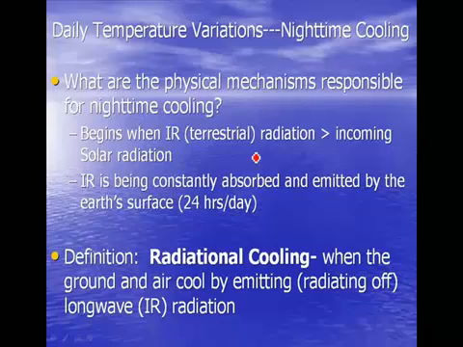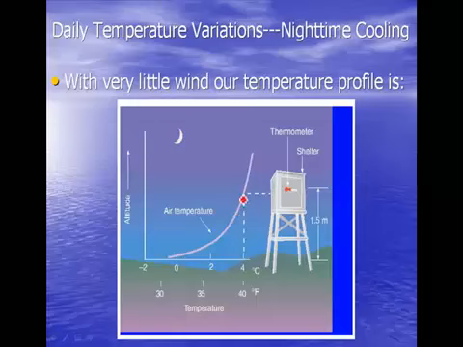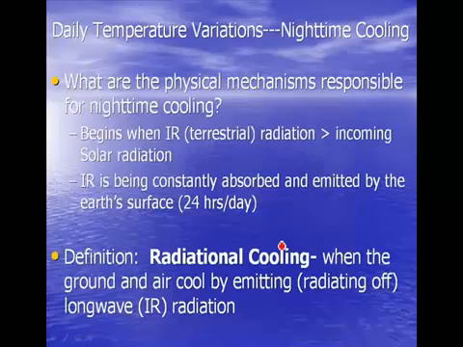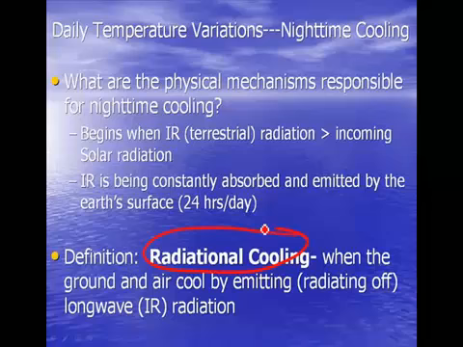Now, at this point, we can define this type of profile where temperature is increasing with height. We call this radiational cooling, when the ground and the air directly above the ground are cooling because of the emission of long-wave radiation. In other words, it's losing energy.